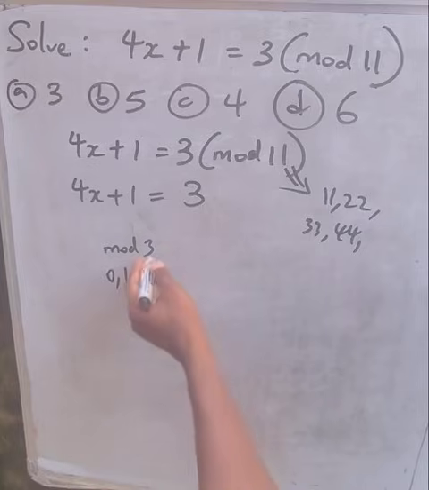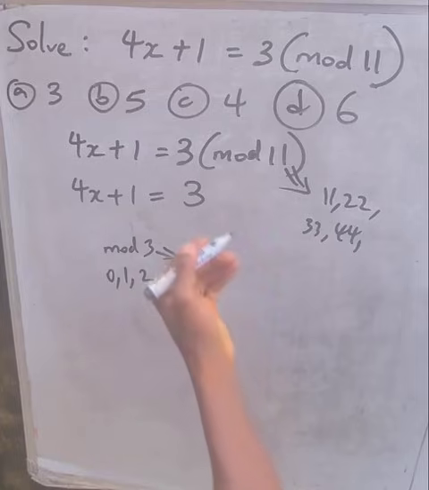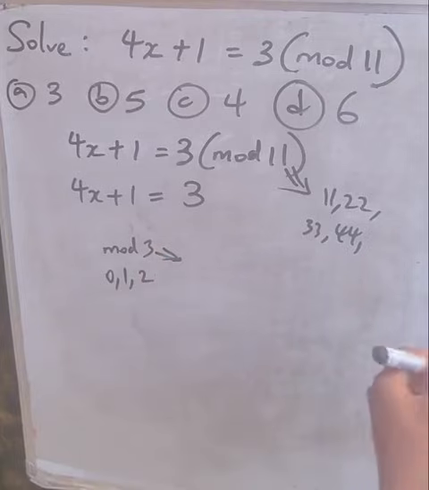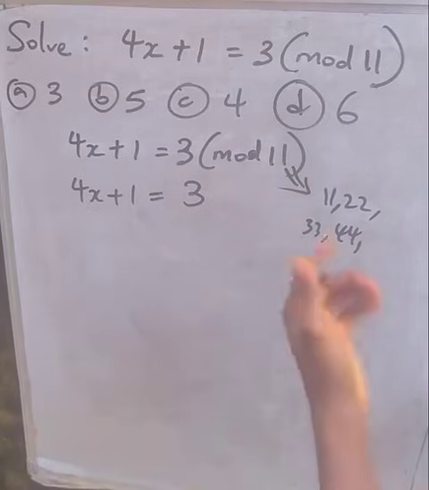So you see that multiples of 3, like 3, 6, 9, 12, are all 0 in mod 3. So that's what I want you to understand. Now, if this is clear to you, then let's proceed further.